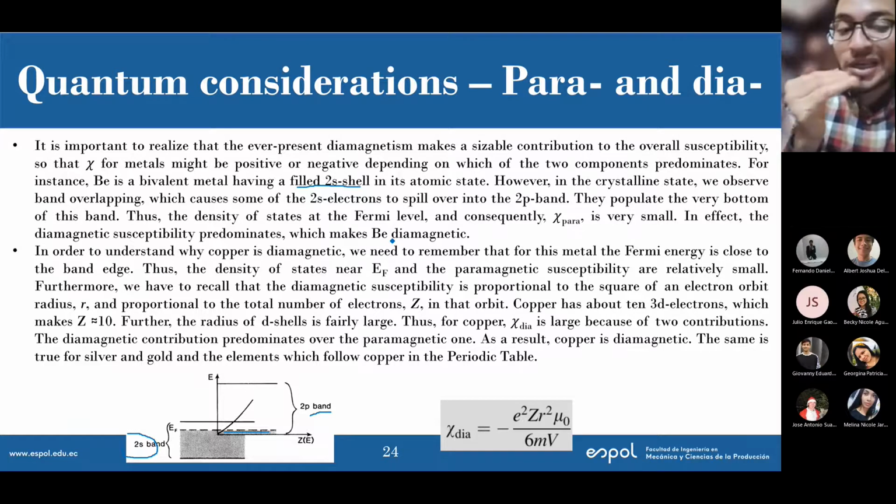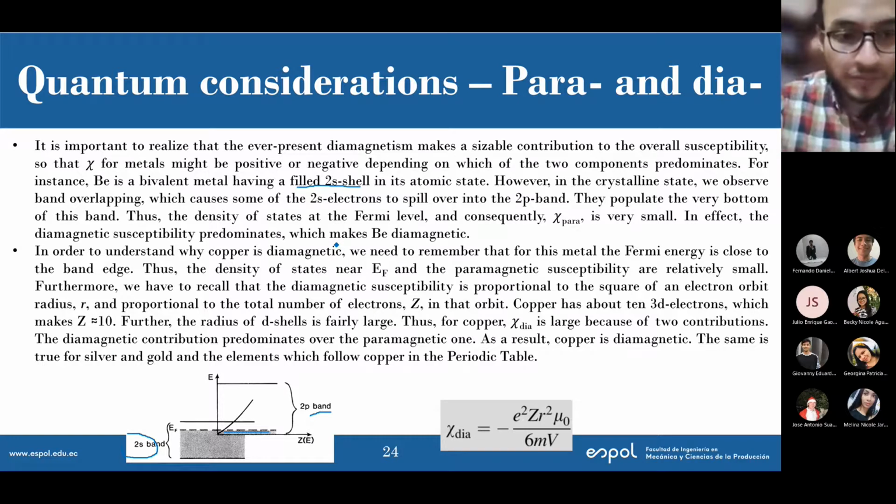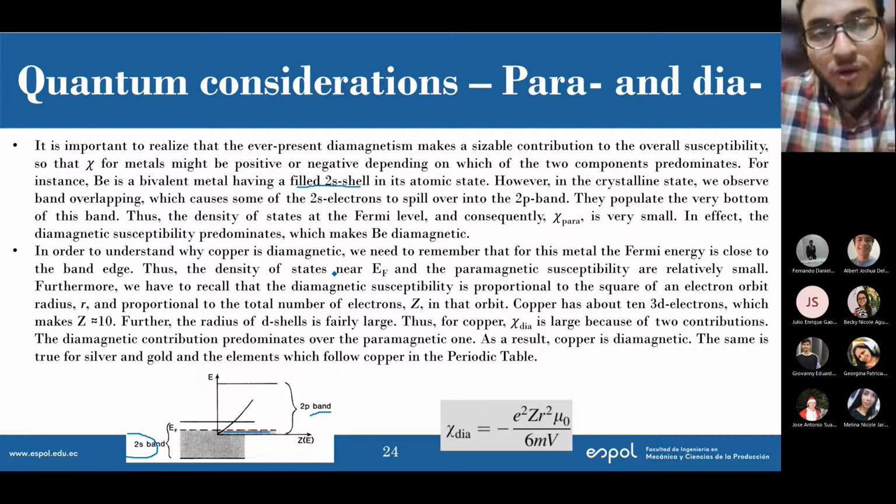Where the band ends, the Fermi energy is literally very close to that. So it's sort of the same here. The density of states near that Fermi energy will be small, and that's also why the paramagnetic susceptibility is small.